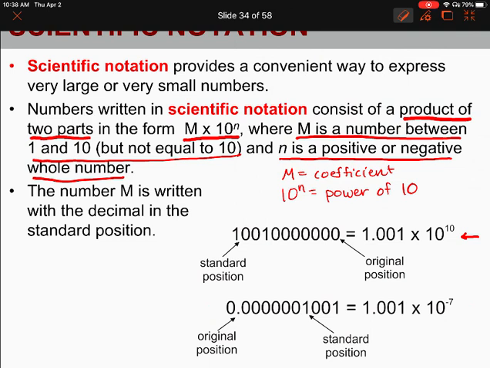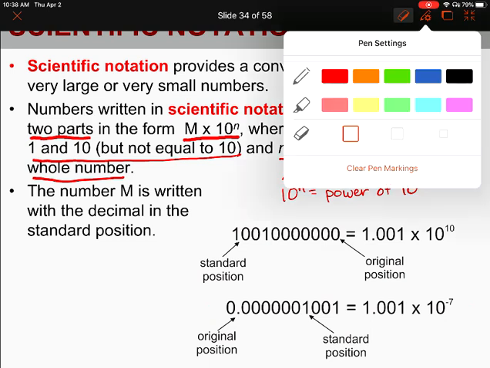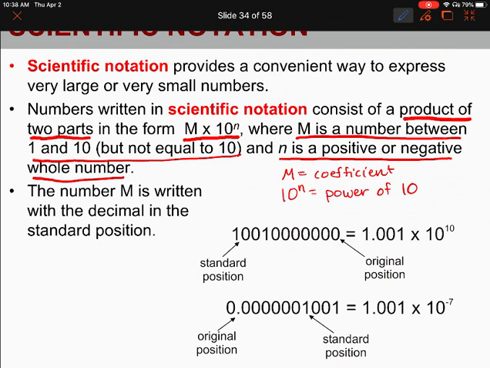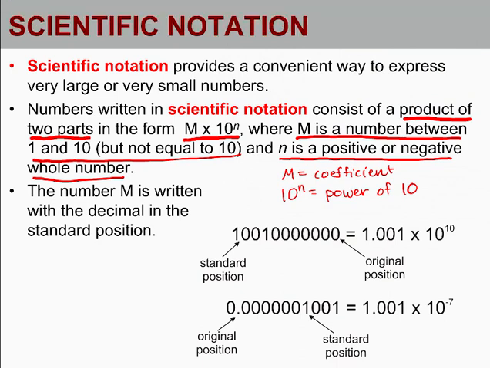I'm just going to erase these arrows, clean it up a little bit, and use a different marker color. So we're going to assume that there's a decimal point at the end of this large number, and we're going to say that that's the original position of our decimal point.